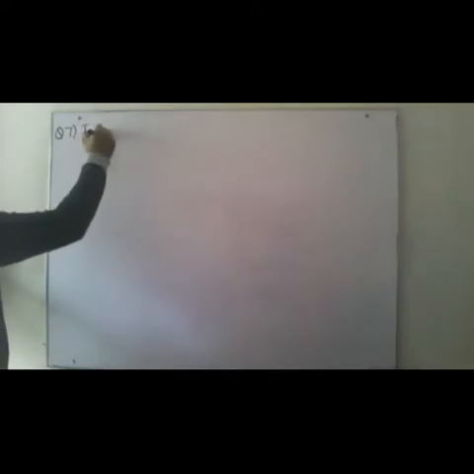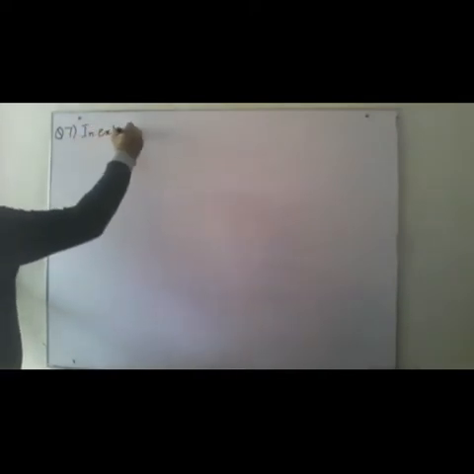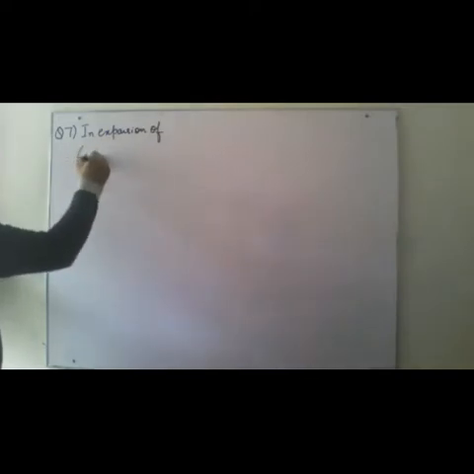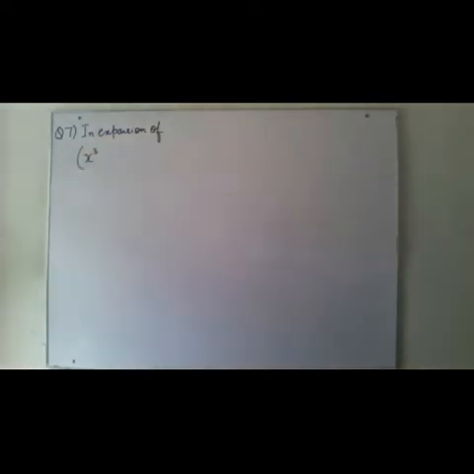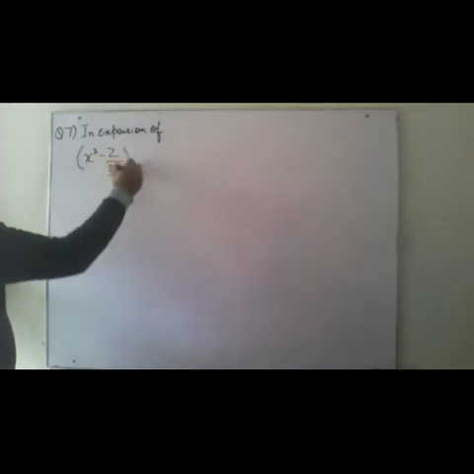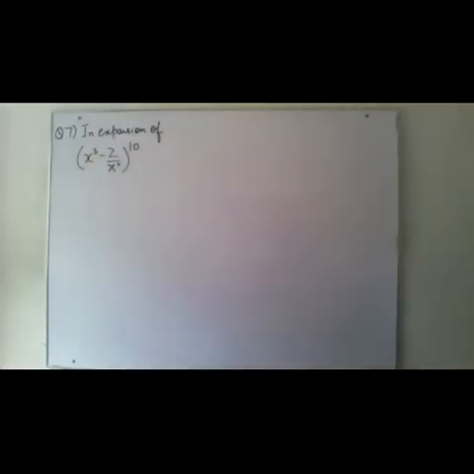Now, question number 7. What we have done previously, again I'm going to do another part of that one. In the expansion of (x cube minus 2 over x square) whole power 10.